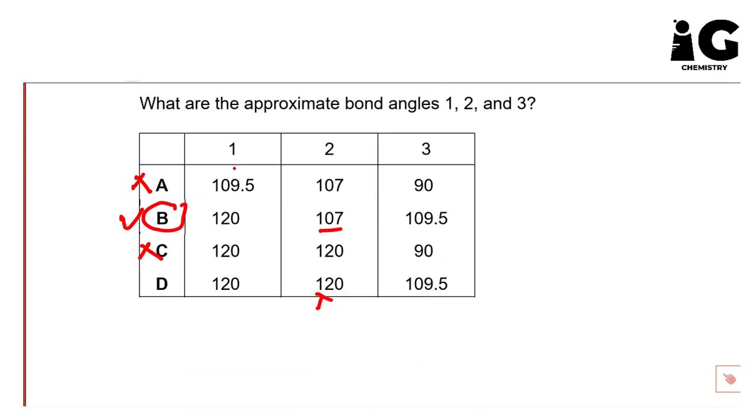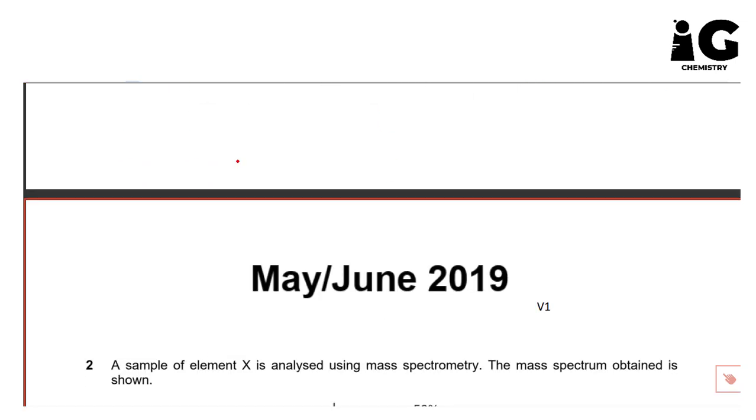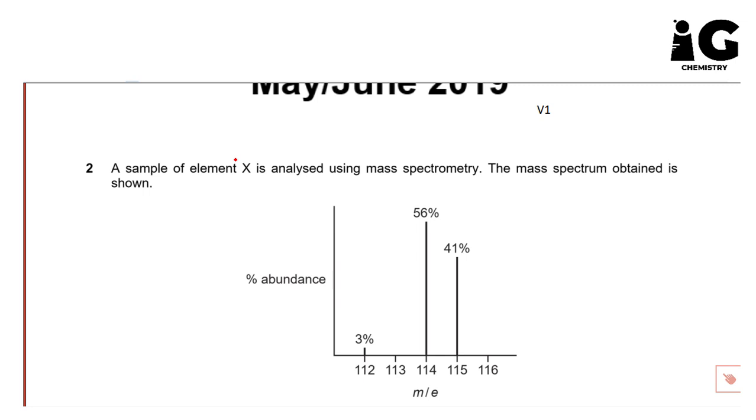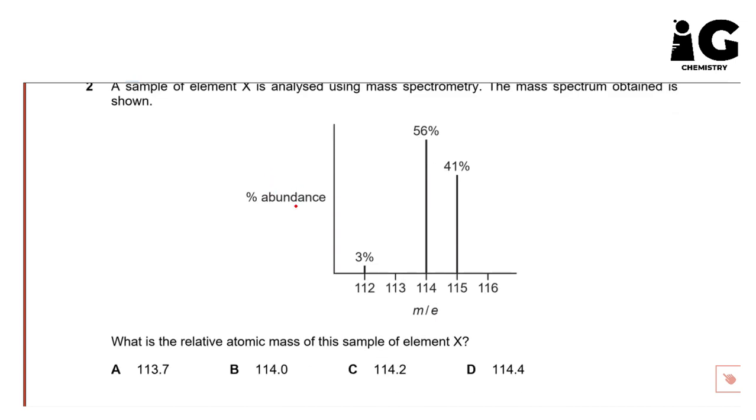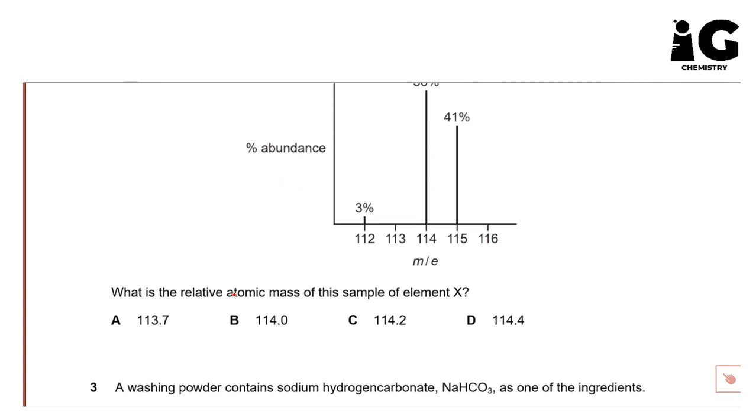Next one. This is May, June 2019, variant 1. A sample of element X is analyzed using mass spectrometry. The mass spectrum obtained is shown, as you see. What is the relative atomic mass of this sample of element X? Actually, guys, the question of relative atomic mass is really important. And also, it's very easy to do.